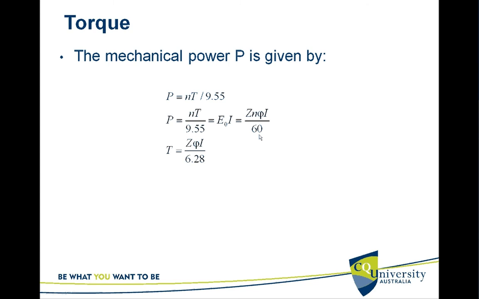So combining all that, we could write the torque as equal to Z phi I divided by 6.28. These factors are a combination of 9.55 and 60. And N, remember, is always in RPM in this textbook. That's why we end up with these conversion factors.